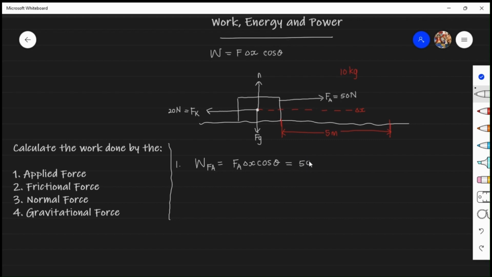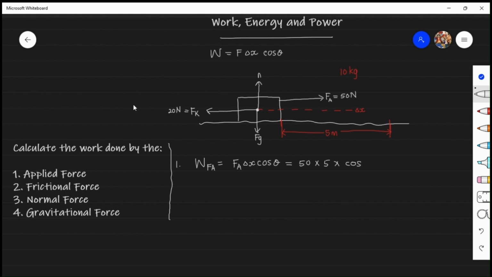So we'll substitute 50 times the value of our displacement, which is 5 meters, times cos of the angle between our displacement and our applied force. Now, how do we figure out the angle between our displacement and our applied force?